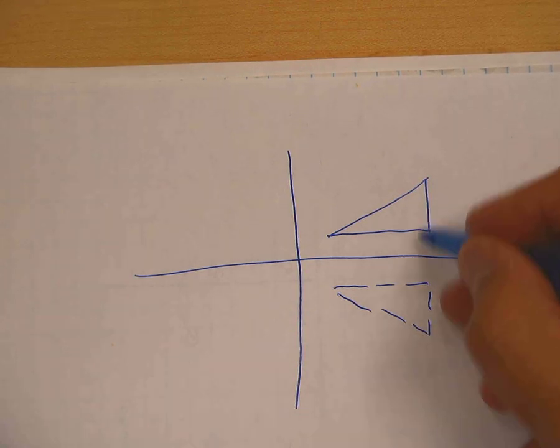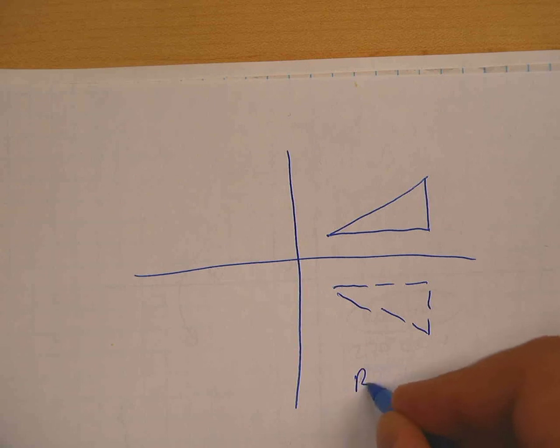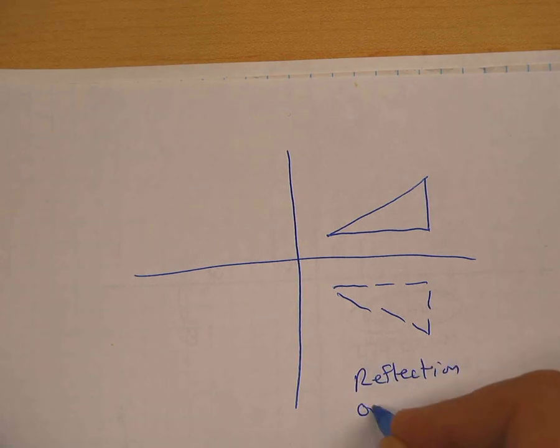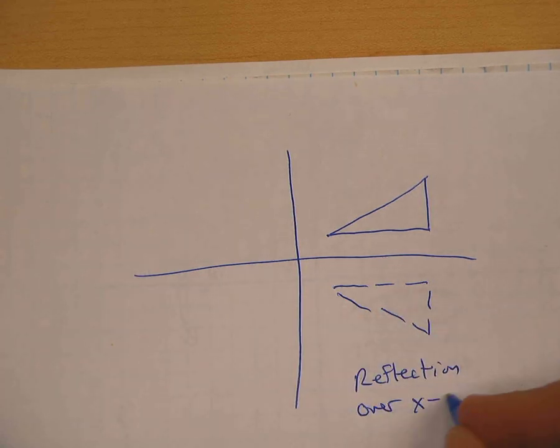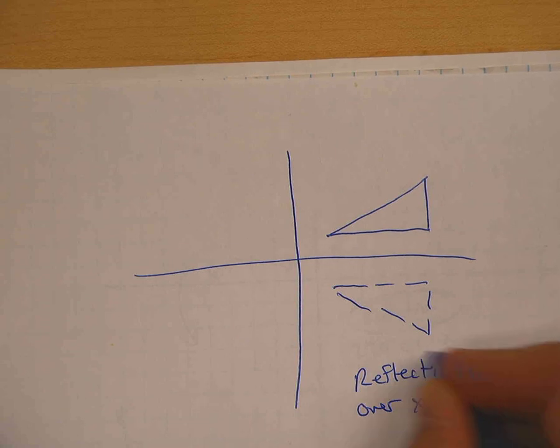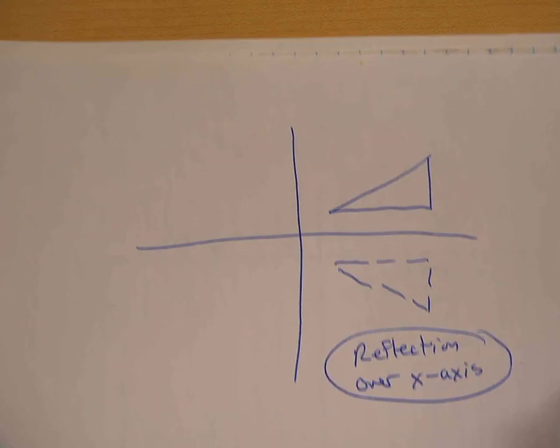Okay, and I went from here to here. What's that called? Well, it's a reflection over, what axis is this? This is the x-axis. So it's a reflection over the x-axis. Very good.